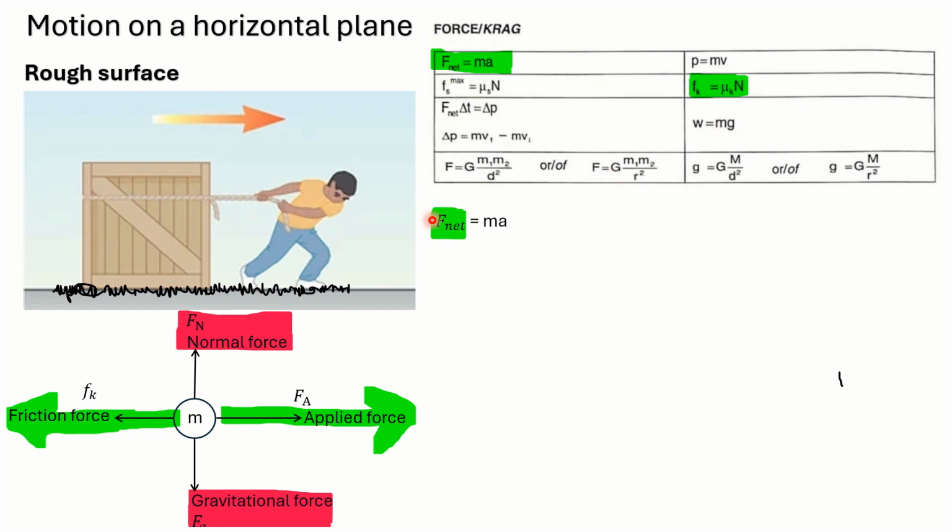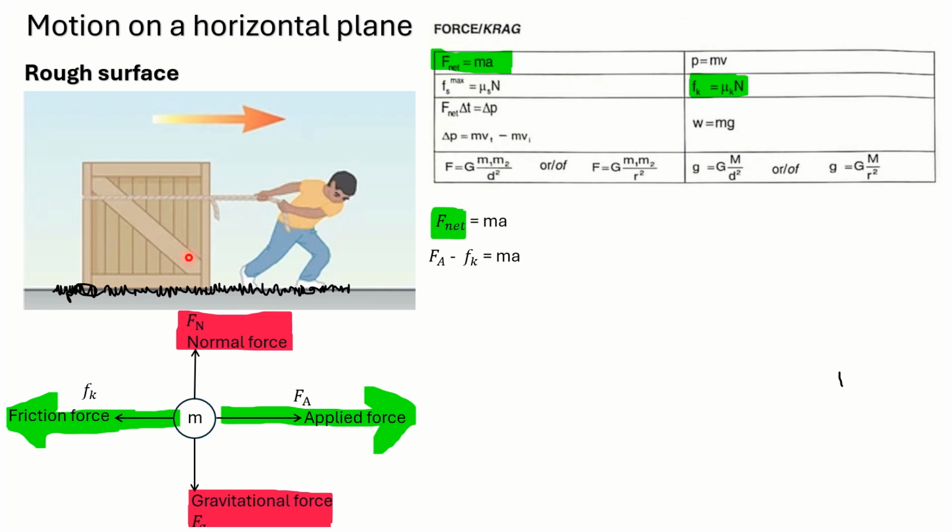So in this case, our F net, which are the forces in the direction of the movement, are Fa and also Fk, because those are the horizontal forces. Meaning that instead of writing F net, we can write Fa minus Fk, because those are the forces in the direction of the motion of the box.